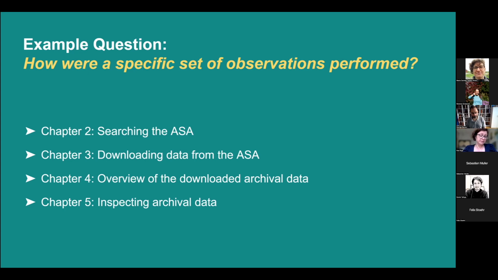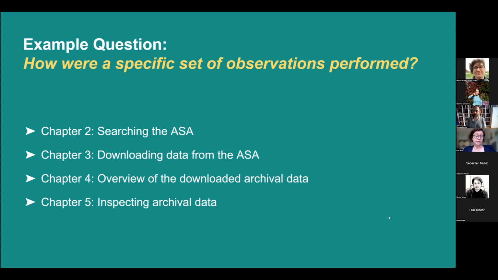To get that metadata, you start by getting the ALMA observation in the ALMA Science Archive. So that will be described by chapter 2. Then in chapter 3, you can learn about which data package to select and download from the ALMA Science Archive.